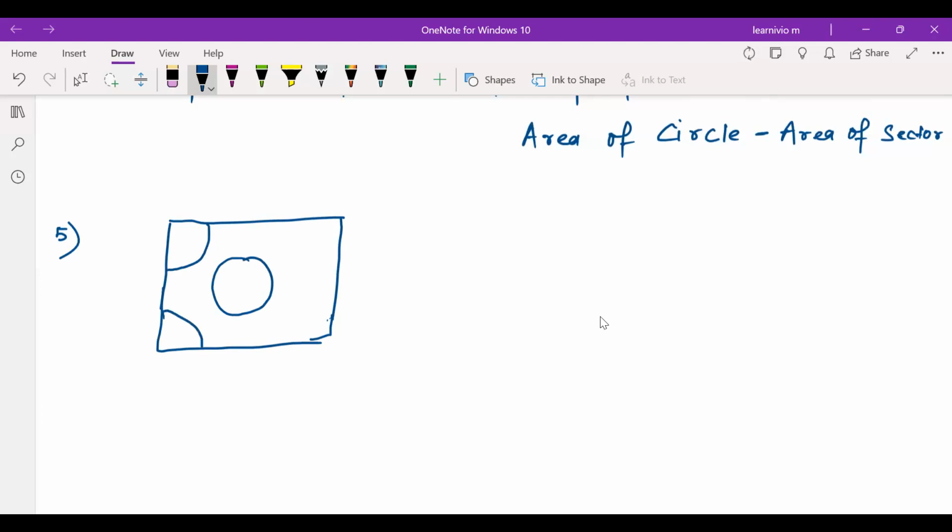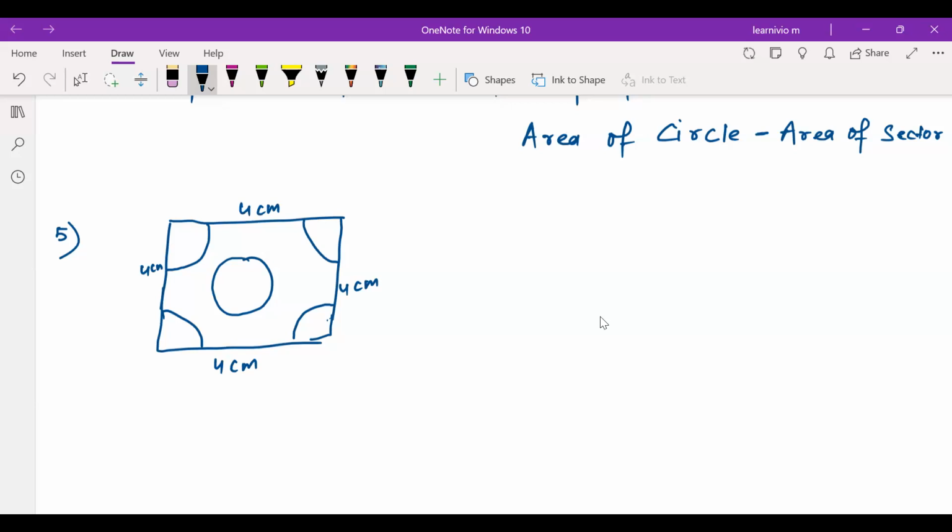The one fourth part of the circle is there. This type of circle is there, from each corner of a square of side 4 centimeter. So this is a square whose side is given as 4 centimeter, so we can write 4 centimeter over here, here, here, and here, because it's a square.